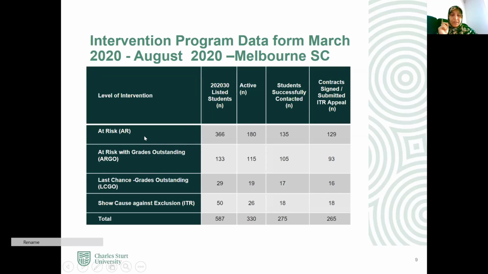The first term students at risk of grade outstanding, those who have AE, additional exam or additional assignments, and also we have the last chance students who failed the previous term and this term, but they have AE exams, and we have the show cause against exclusion. The last bit, those students who failed 2 terms, but the university is deciding whether to exclude them from the course.